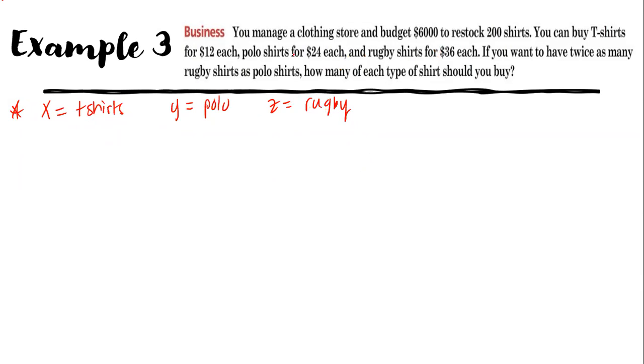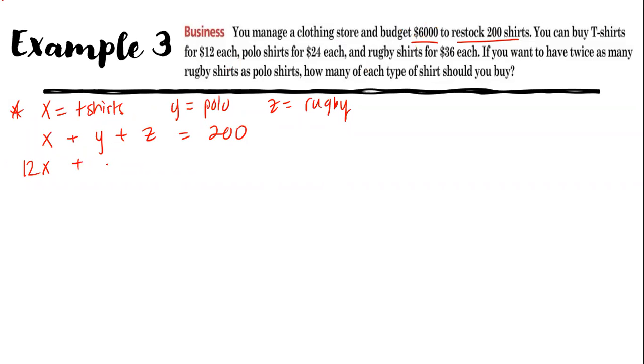So the first thing it tells us is that you manage a clothing store and budget for 200 shirts, right? So in total, you know that x plus y plus z equals 200. You also know that you only have $6,000 to spend, and each shirt has a price. So t-shirts cost $12 a t-shirt.